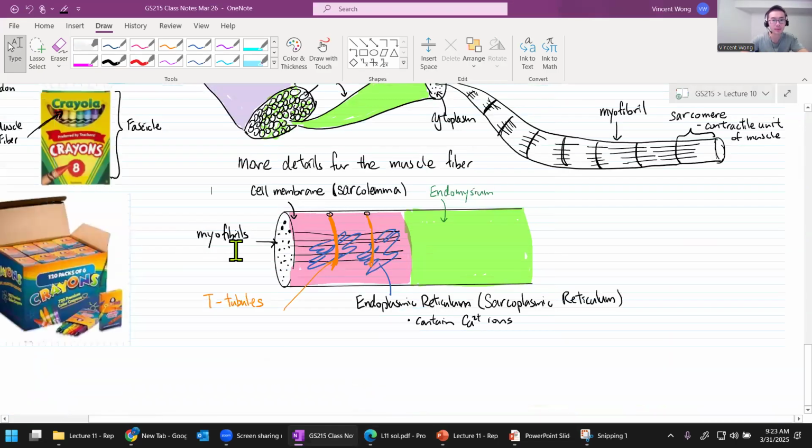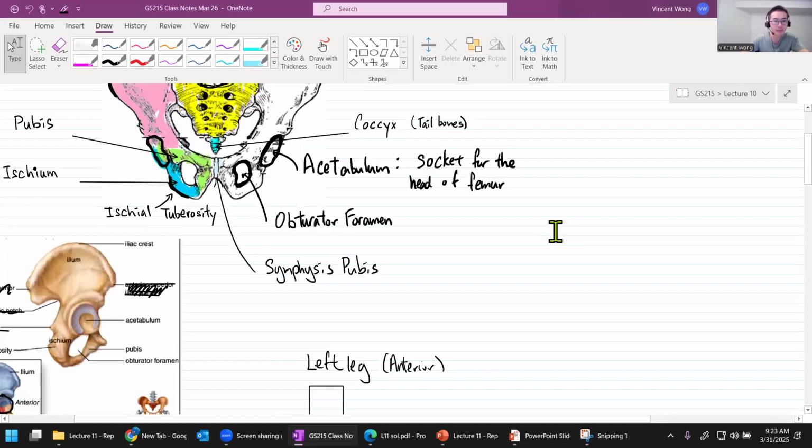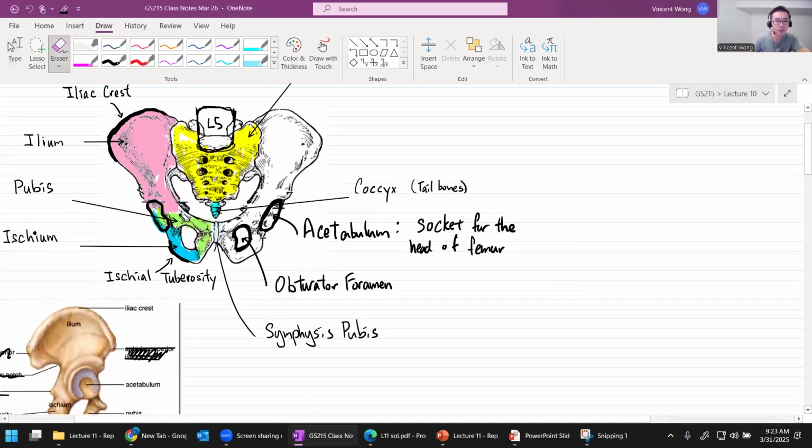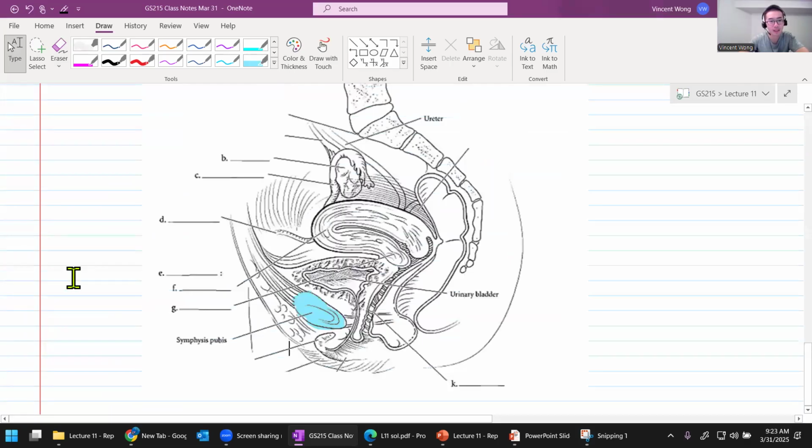I think it's this one. Right here, the pelvis. You see? The pubis bone. This is the pelvic girdle, right? Pelvis bone right here at the front. That is the symphysis pubis. It's like a bit of a cartilage bone that allows the two pubis bones to fuse together. So if you cut it right in the middle, create a mid-sagittal section, that's what this is. Okay, symphysis pubis. I can write it here for you.